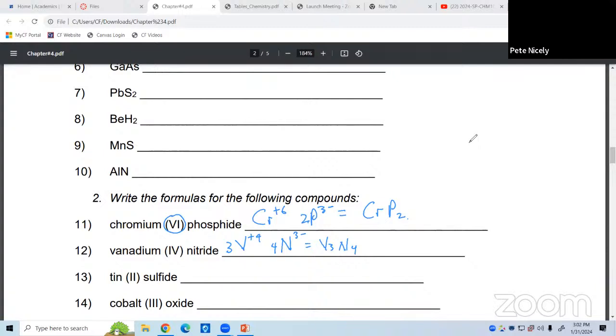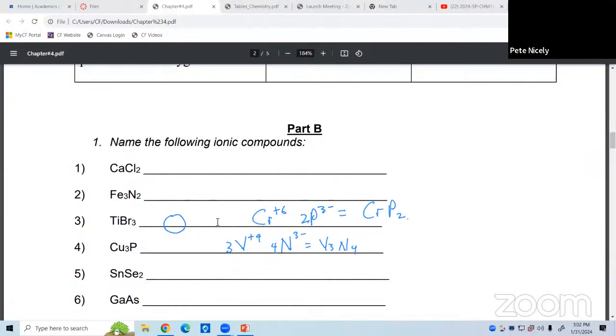Number 3 on part B, TiBr3. Okay, so let me look at the tables here. To write down the name, okay. So in the case of titanium, we don't know what the charge is because titanium can display more than one charge, right? I'm going to call it X. And the bromide, each bromide ion carries a -1 charge.